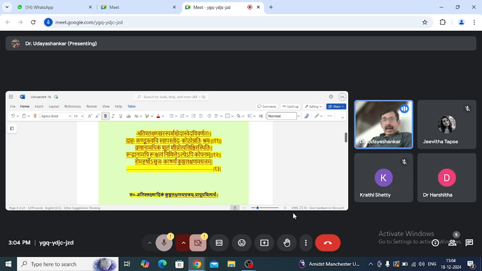Then Daha, Kandu, Tvachi Swapa, Toda, Kota, Unnati, Shrama. Daha and Kandu are the cardinal features of Pitta and Kapha. Daha is a manifestation of Pitta. So these Purva Rupa Lakshanas are a collective picture of all the doshas.